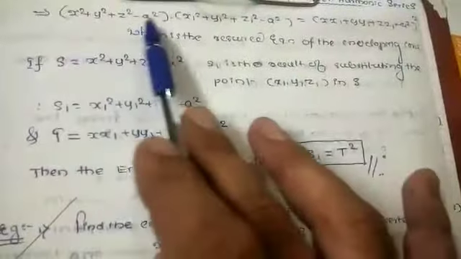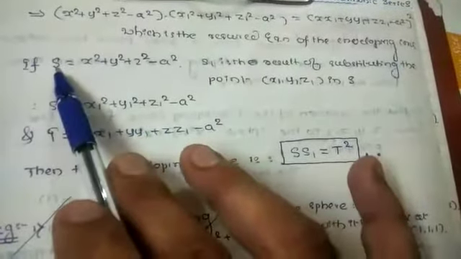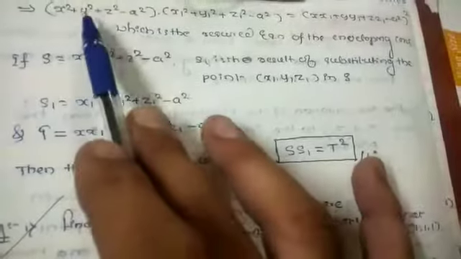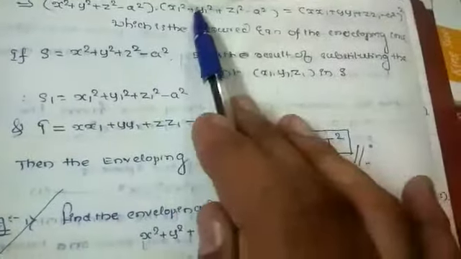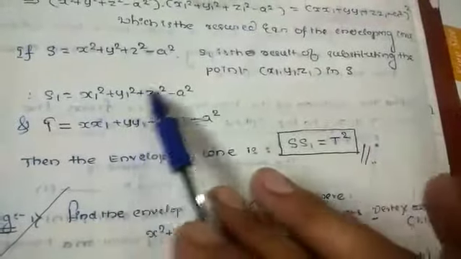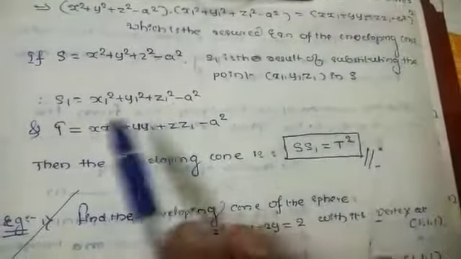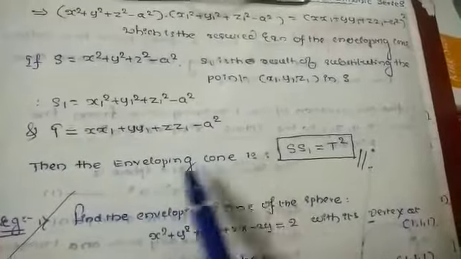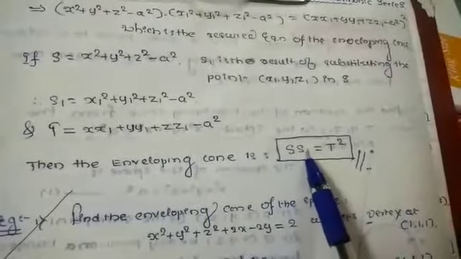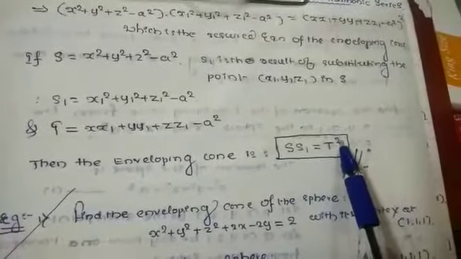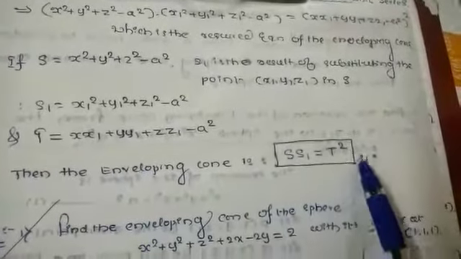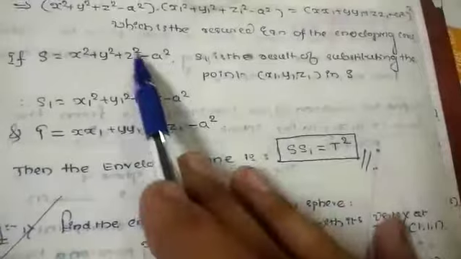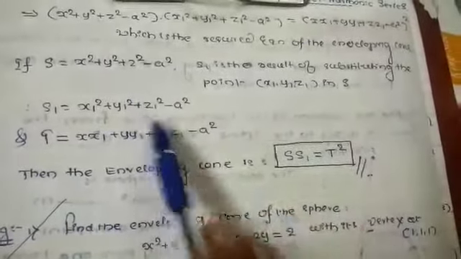Let us assume the first bracket is S, that is S equals x square plus y square plus z square minus a square. Next, this term we consider as S1, and this term as T. So the equation becomes S into S1 equals T square, which is the required equation of the enveloping cone. While solving examples, it will be helpful to remember this formula.